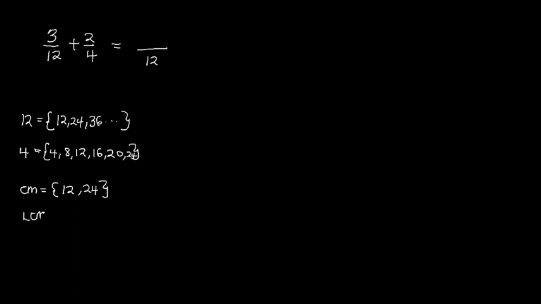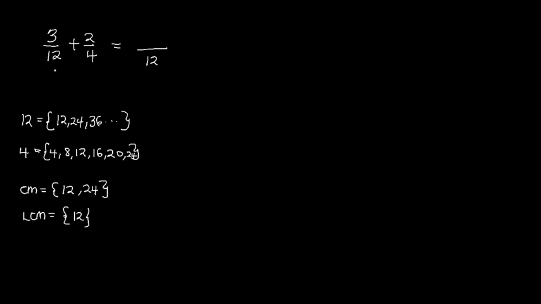So the least common multiple between them is 12. Because 4 can go into 12 exactly without any remainder, we are using the bigger number as the least common multiple. If that will confuse you, write down the multiples of the numbers, select the common multiples, and choose the smallest one so that you don't get your answer wrong.